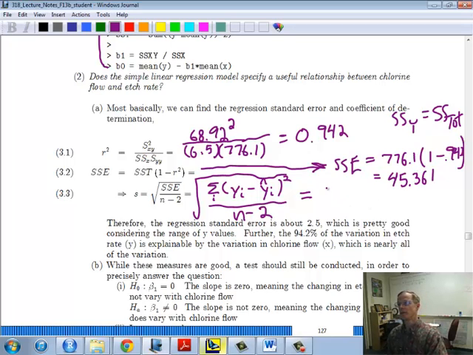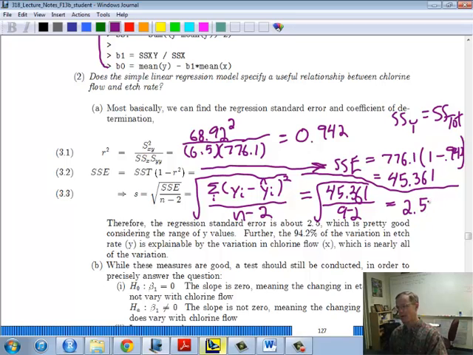Awesome. Plugging that in here, 45.361 divided by 9 minus 2, taking our square root, we get a residual standard deviation of 2.55.